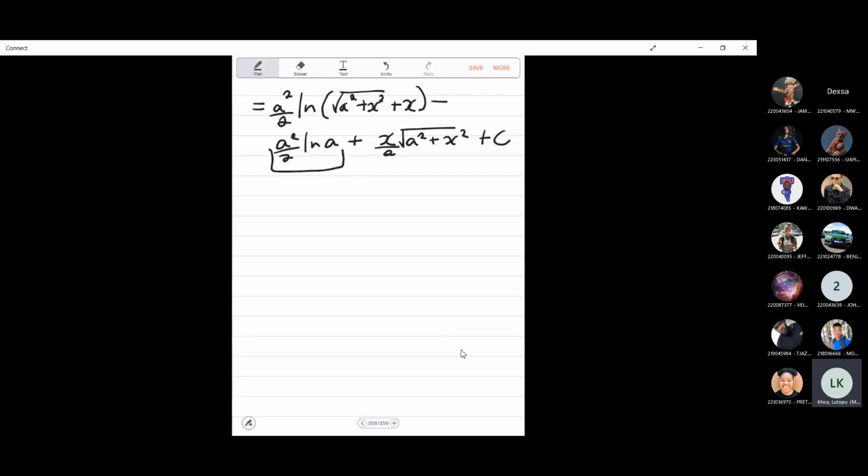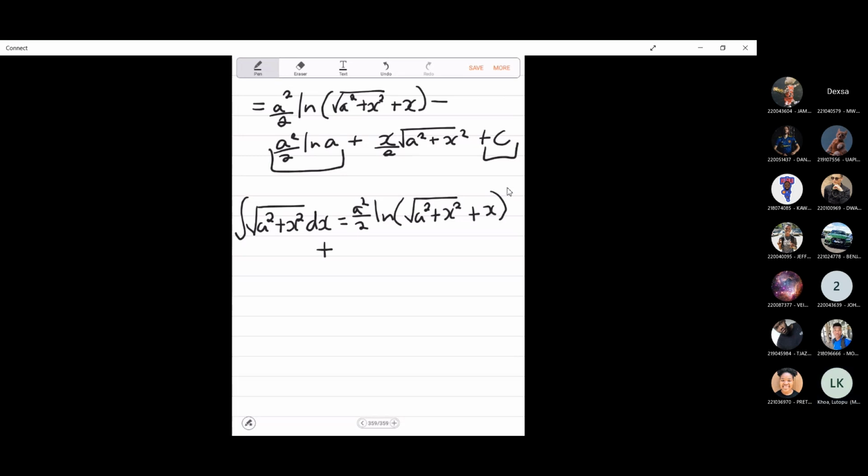But you can see that this is a constant, that is a constant, and you can combine them together, and then we can conclude that the integral of the square root of a squared plus x squared dx is just a squared over 2 ln of the square root of a squared plus x squared plus x, plus x over 2 square root of a squared plus x squared, and then plus your constant c over there. So the over a there is not really needed.